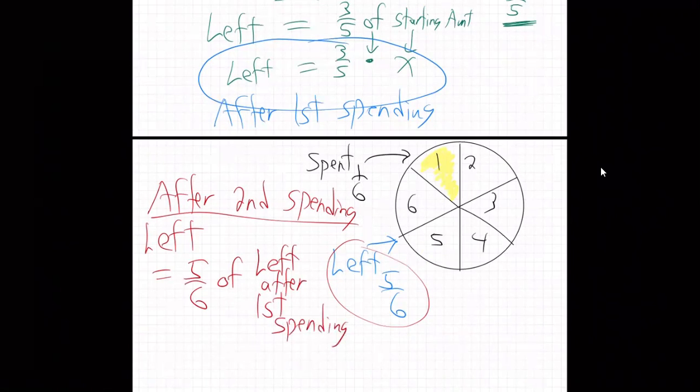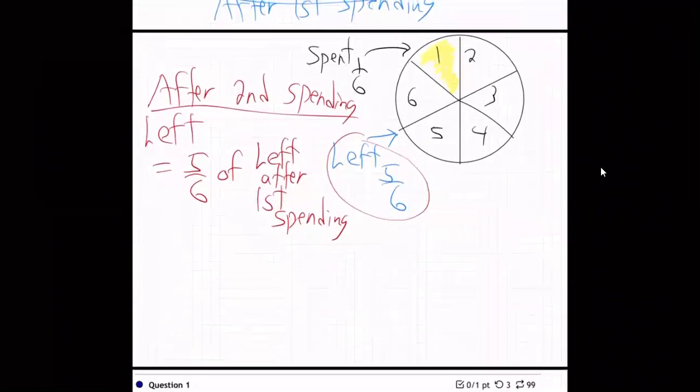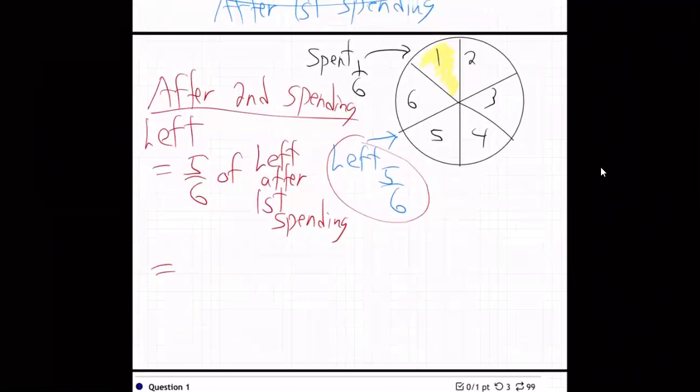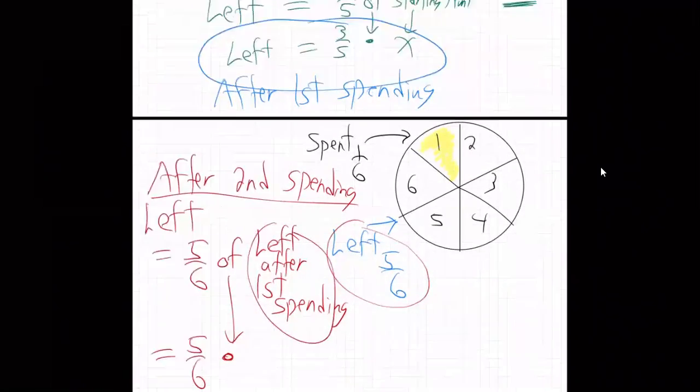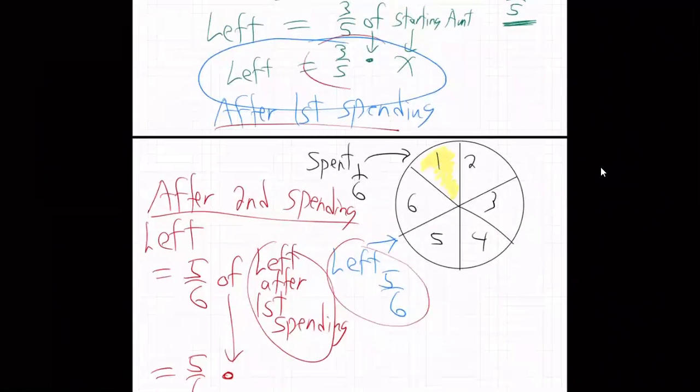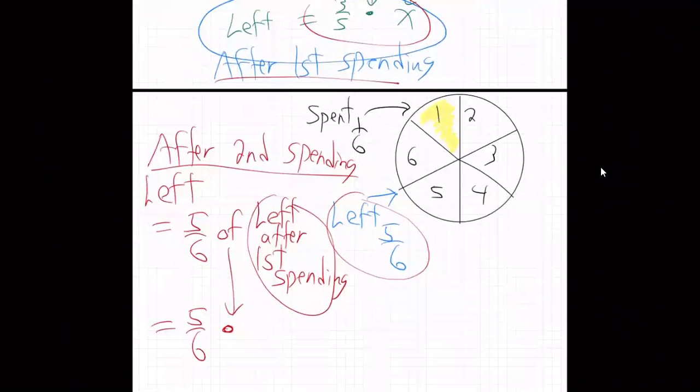Are you tracking with me? Is this making sense? What is left after the second spending? 5/6 of the amount that was left after the first spending. In other words, 5/6 of, and of is times, what was left after the first spending? Well, right up here it says after the first spending, 3/5 X.